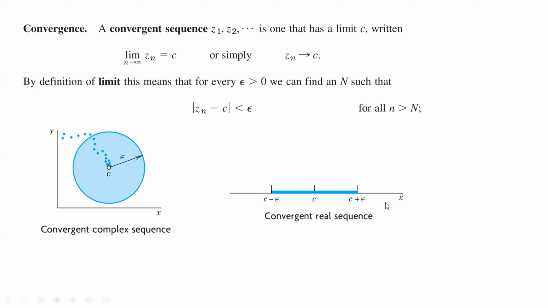In real sequences, we didn't have a disk here. We had only an interval around c, between c minus epsilon and c plus epsilon. And we said that for all n greater than some value, all of these xn fall in this neighborhood. So very similar, but the only difference is this here.